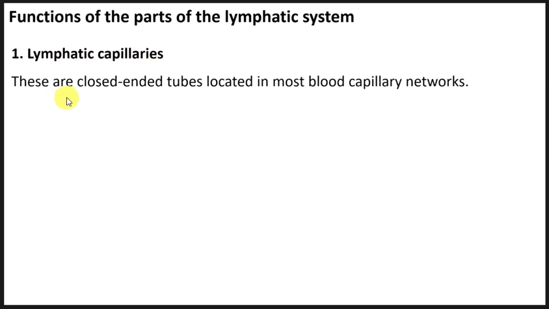What are their functions? These are closed-ended tubes located in most blood capillary networks. Meaning at their end they are closed, and they are located in most blood capillary networks.